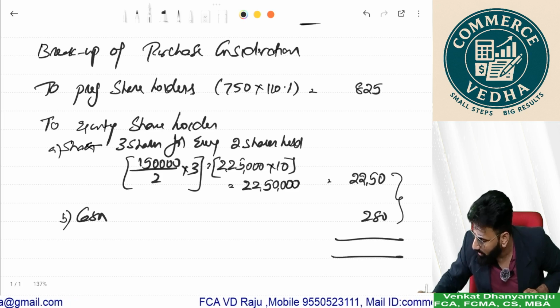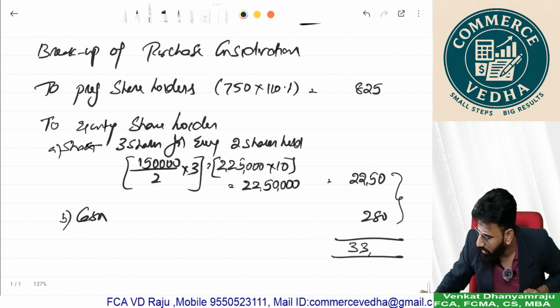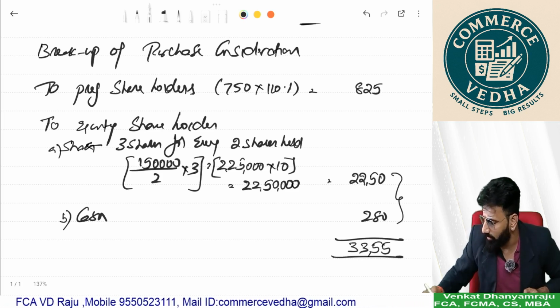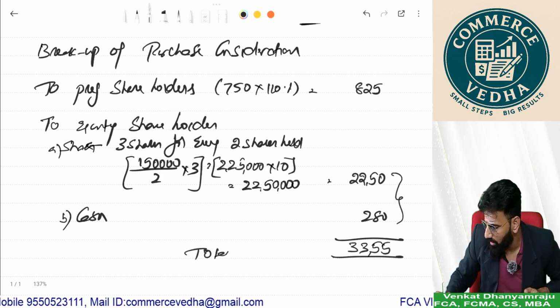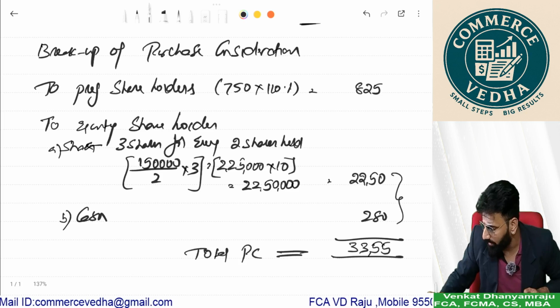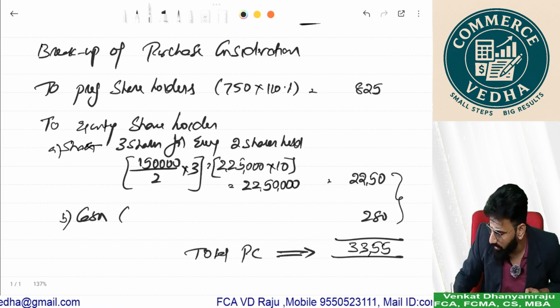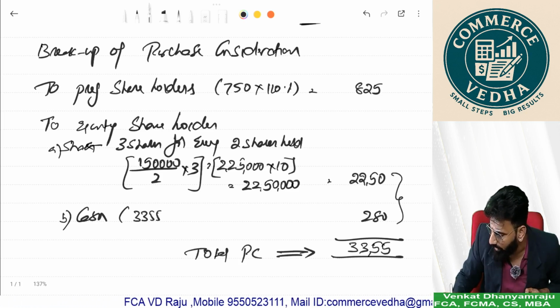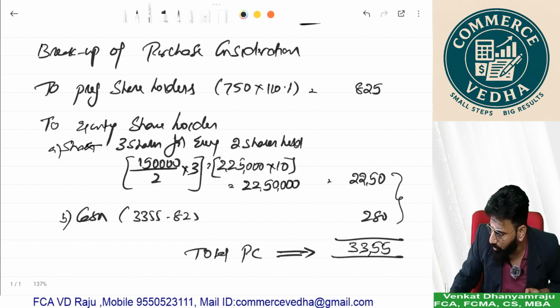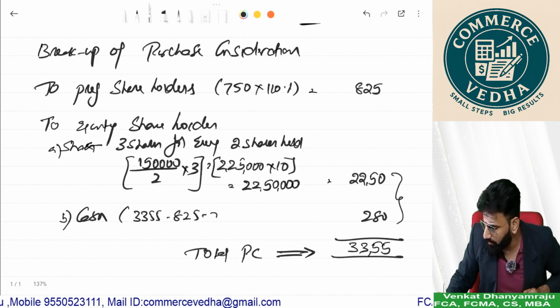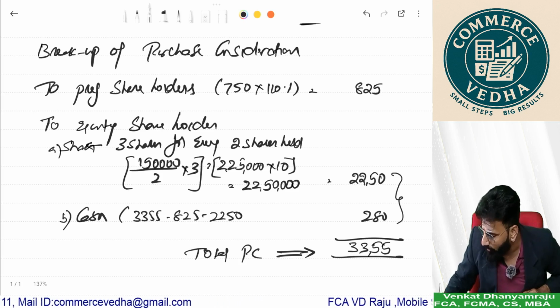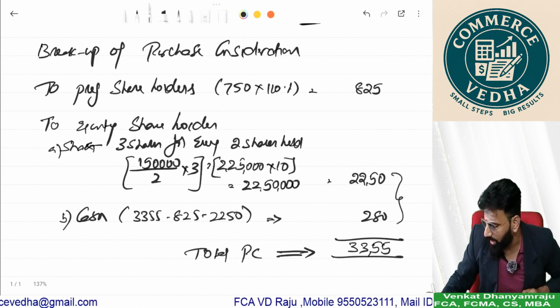The total here is 3355, total PC. How you got this is 3355 minus payment to preference minus payment to equity in the form of equity share capital.